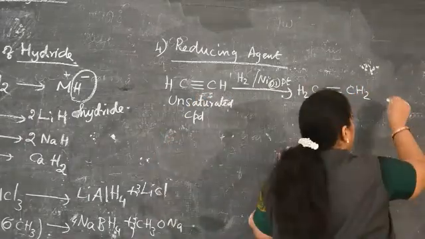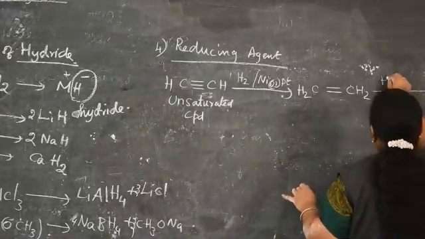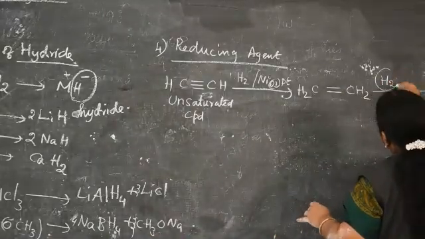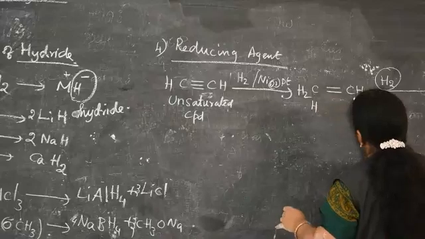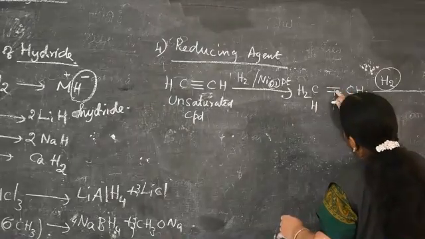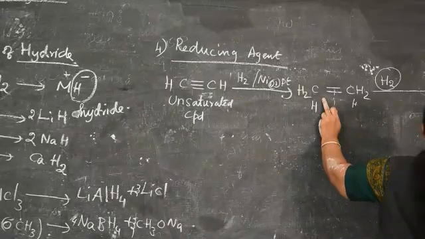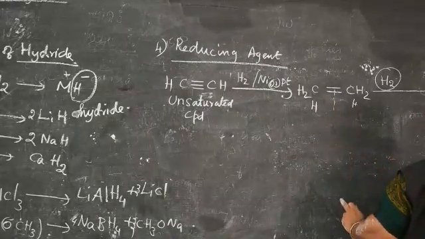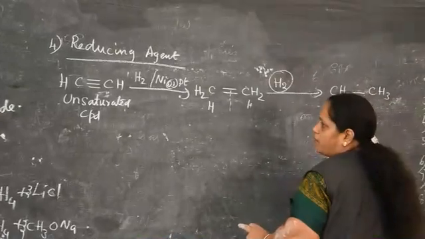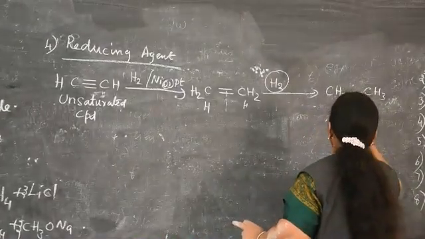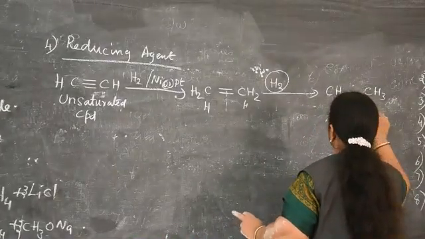So this further reacts with hydrogen. These two hydrogens are combined, here one, that's why there is breaking of this bond. We get CH3 and CH3. So between the carbons, a single bond is available, so this is called a saturated compound.